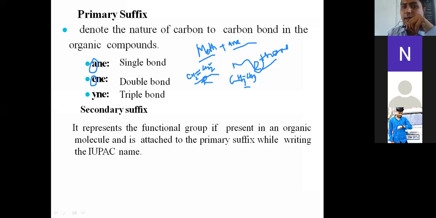So these ane or ene that we are putting, ane for single bond and ene for double bond, come as a primary suffix, and that is attached with meth or eth.